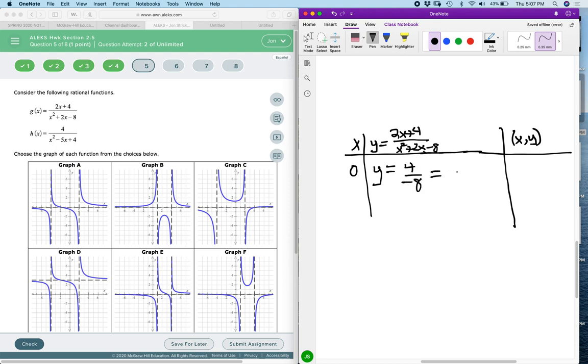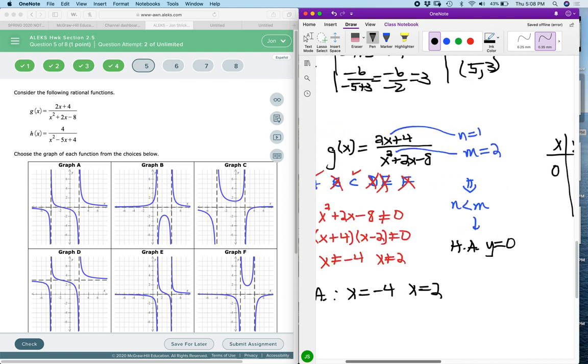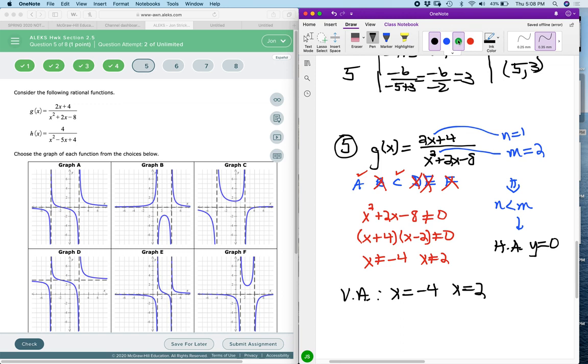And 4 over -8 is -1/2. So a point on the graph of this function is (0, -1/2). It looks like when x is 0, we have a positive value in graph C, and we have what looks like -1/2 in graph A. So C is out of the picture, and we're going to have graph A.